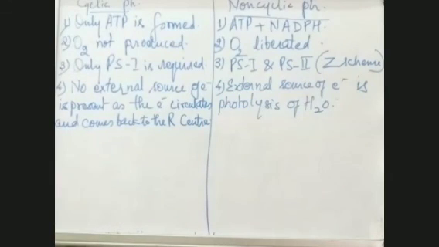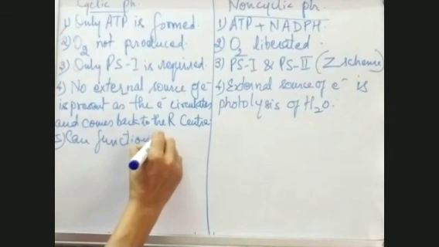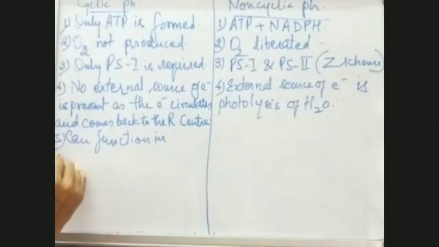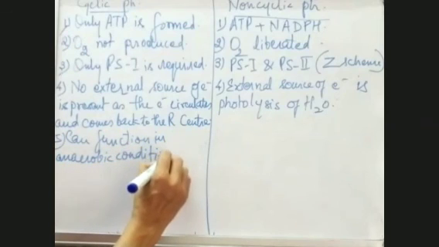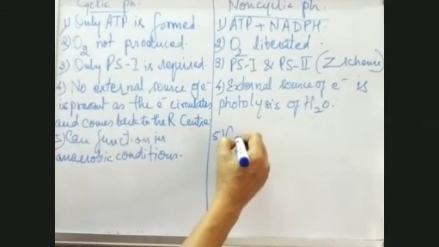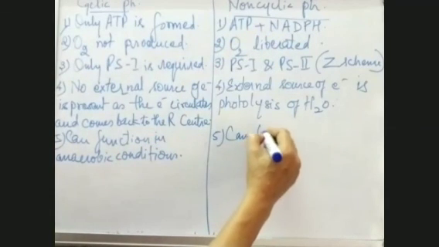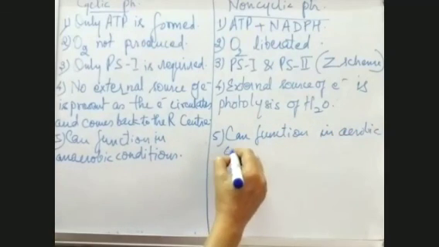Because oxygen is not produced, this can function in anaerobic conditions also. Whereas non-cyclic can function only in aerobic conditions, as oxygen is produced because of photolysis of water. This is the fifth point.